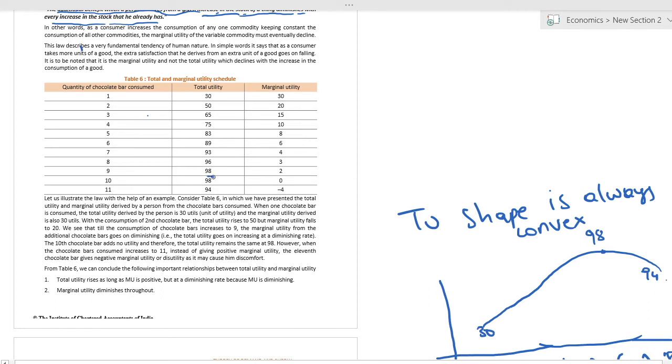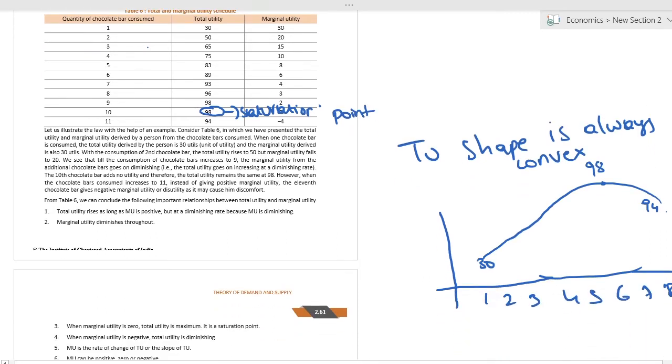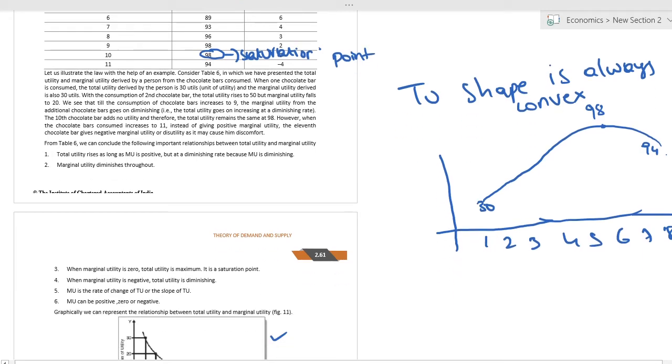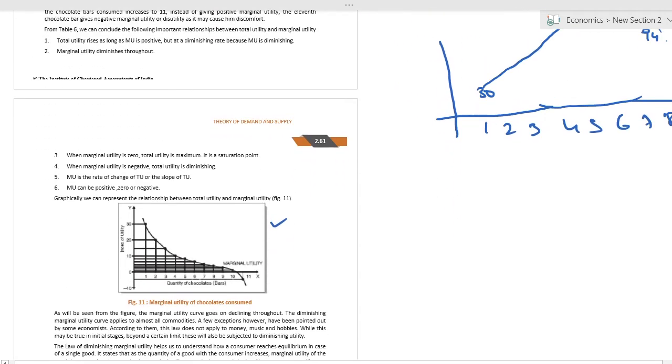It is nothing but the saturation point. So this is the maximum utility that a person can have. When the marginal utility is negative, TU is diminishing, that we have seen.